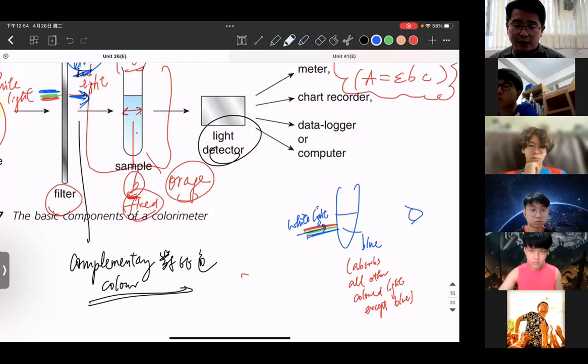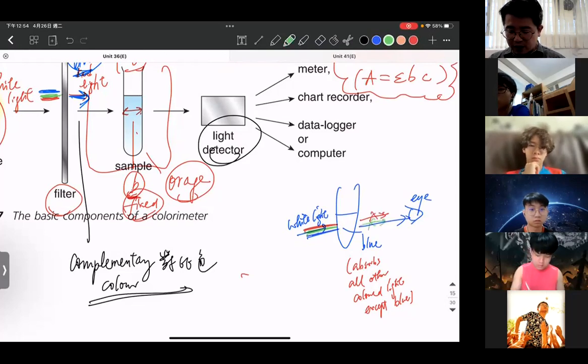So once I pass white light through the blue solution and look through here, why does it appear blue? It's because it absorbed, here you see that red and green light seem not to be found here, right? Why? Because these two colors have been absorbed by the solution.